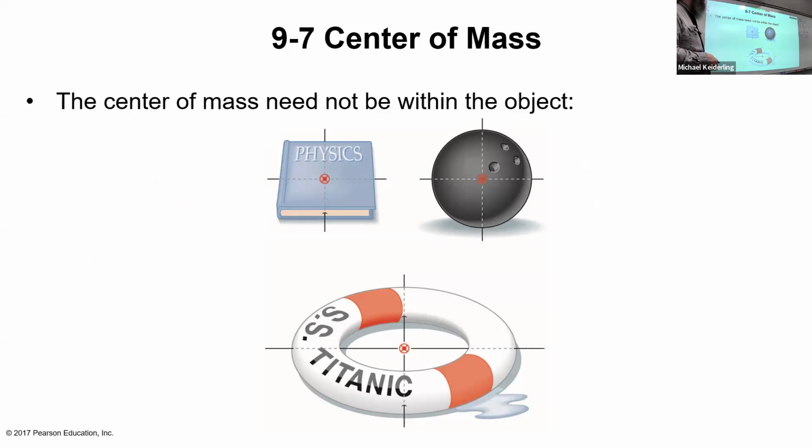But you can have something with a hole in it, like this, or you can have something that's like L-shaped. The center of mass can end up outside the object. But here, like this donut, the center of mass is in the air in between. You have a question? Okay.